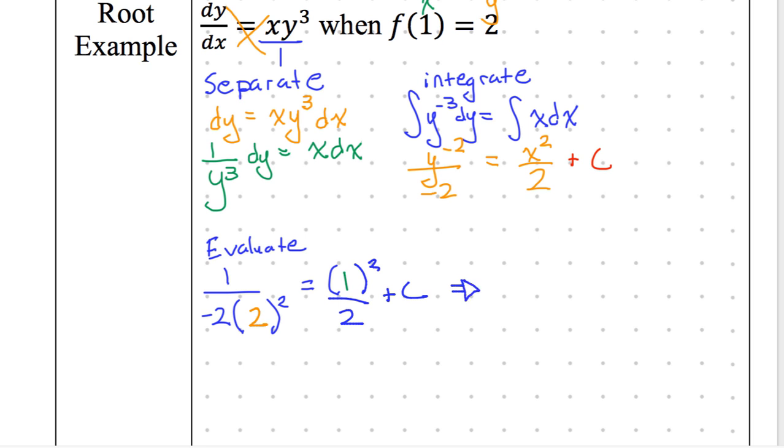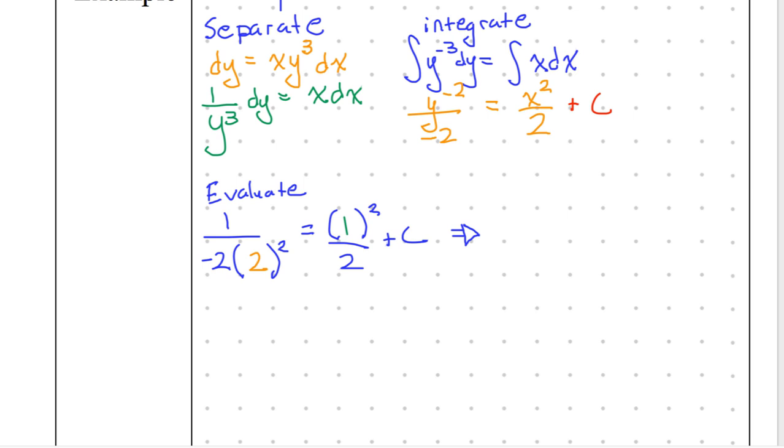So simplified, that turns into what? 2 to the power of 2, shout it out. 4 times negative 2, close. Negative 8. Yeah, negative 8. So 1 over negative 8 is equal to what? 1/2 plus c.